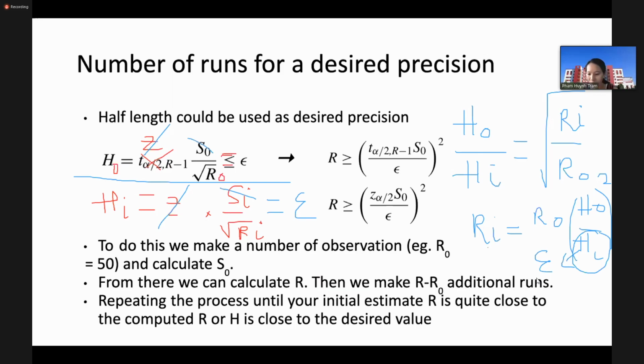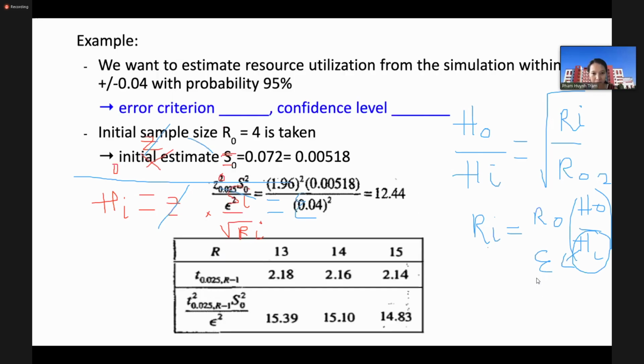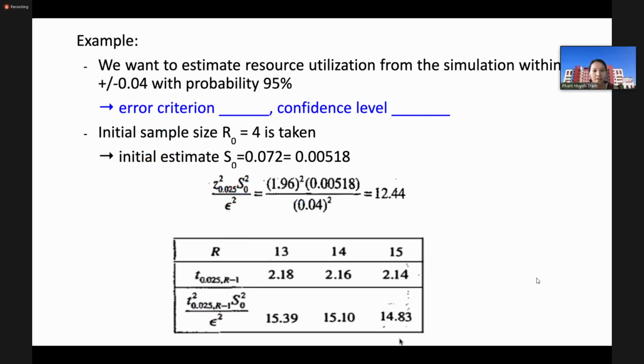Let's try this one with our example. Okay, let's clear this. Can you try this one on your own?